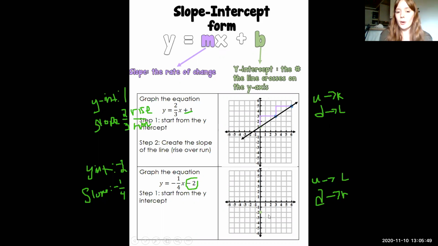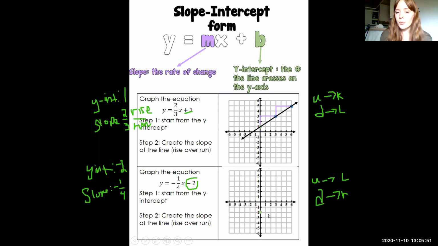So we are going to go up. Sorry, we're going to go down 1 and to the right 4 to get to our next point. But like I said, we need 3 points, which is why I'm giving you both options to get a line. So we have the y-intercept and we have that point.